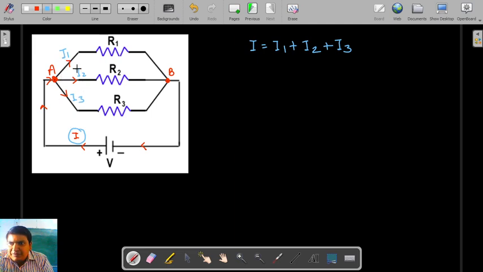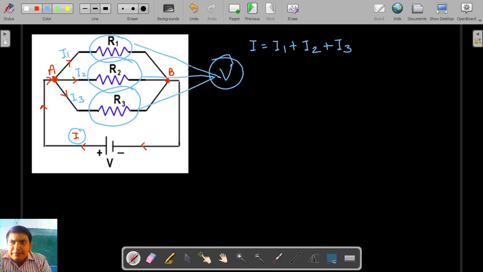An important point is that since all three resistors are connected between the same points, the potential difference across R1, R2 and R3 is the same, that is V.